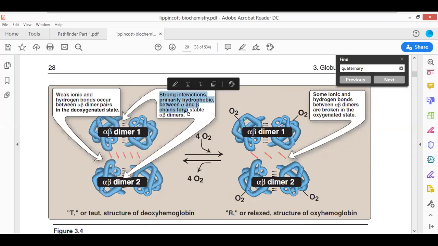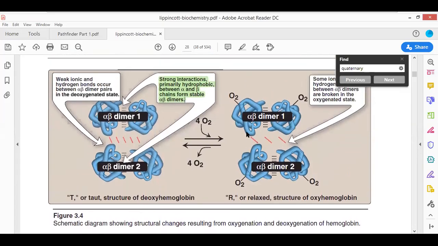This question has been asked in CSIR: which type of interaction is present between the alpha and beta protein chains? It is hydrophobic interaction.